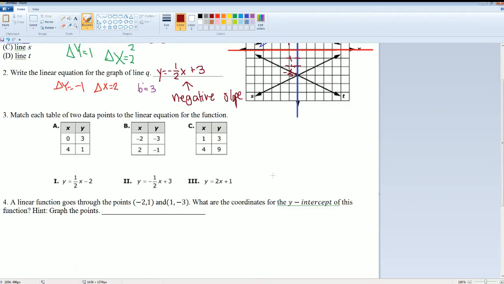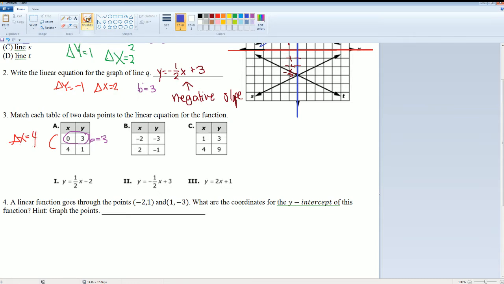Match each point of table to the linear function. So the first one here. Oh, yay, look, it gives us the y-intercept right there. We know the y-intercept is 3. And let's get the slope. First one, delta x is equal to the number 0 to 4, so that's 4.